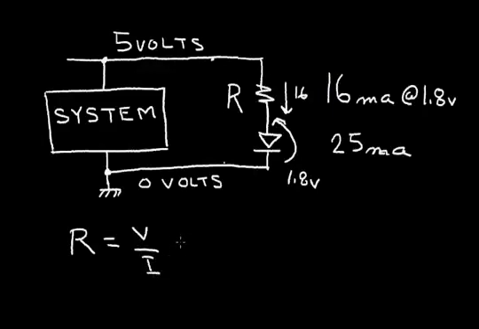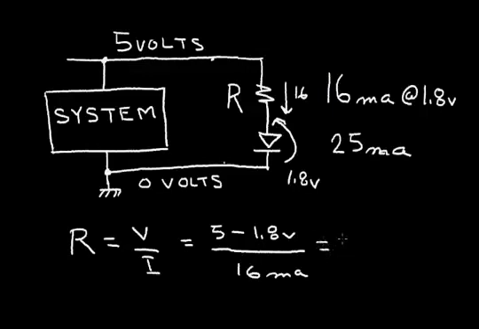In this circuit, my voltage is equal to the 5 volts minus the 1.8 volts across the light emitting diode, divided by my current, which I want to be 16 milliamps. Now when I use volts and milliamps, the result comes out in K. This comes out 0.2 K ohms, or 200 ohms.